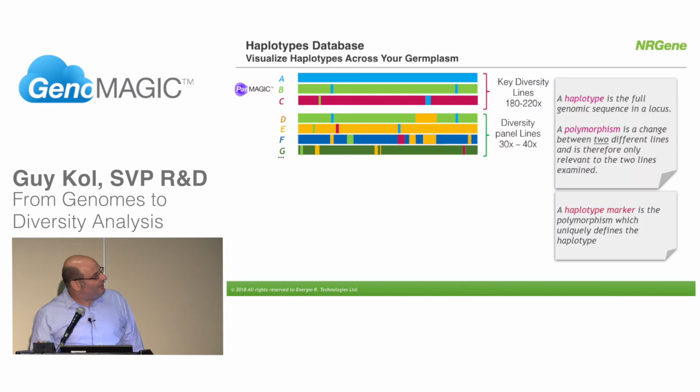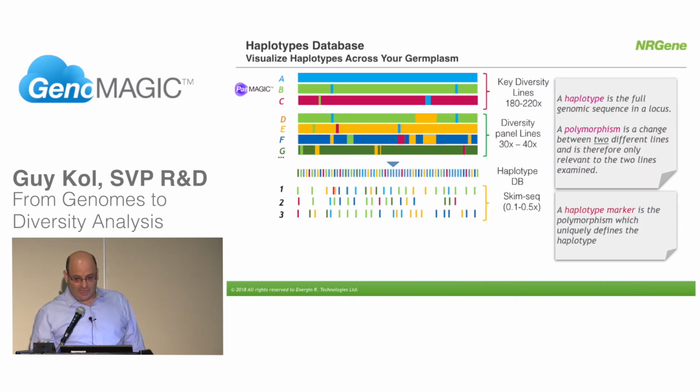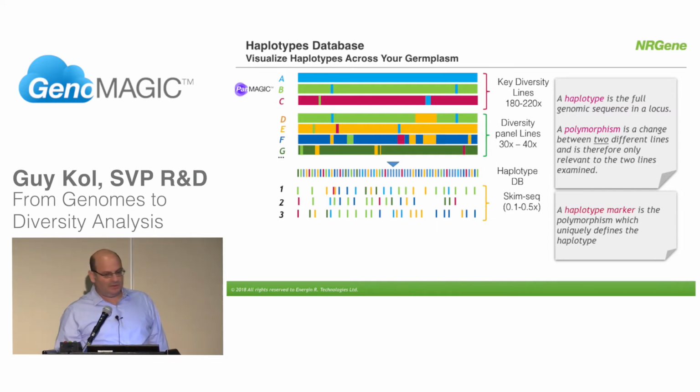But what we can really do is genotype by them. So we build this haplotype database. We keep all those millions of markers within the database, and then we can scan a much larger diversity just by random sequencing. We believe this is the future of genotyping by sequencing.